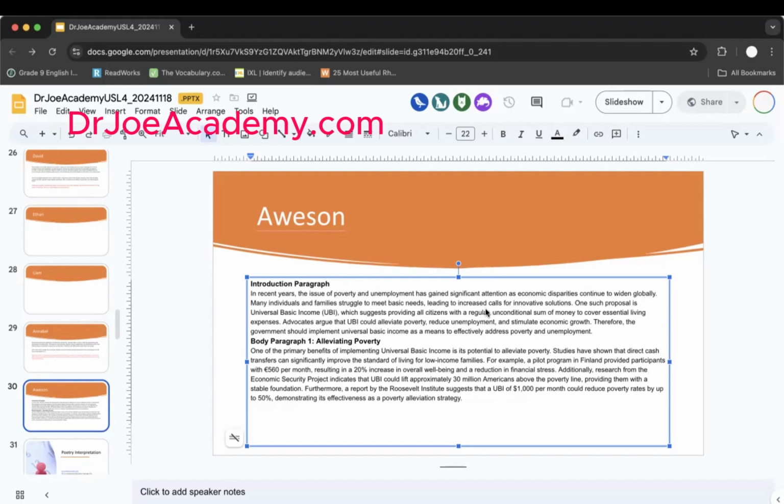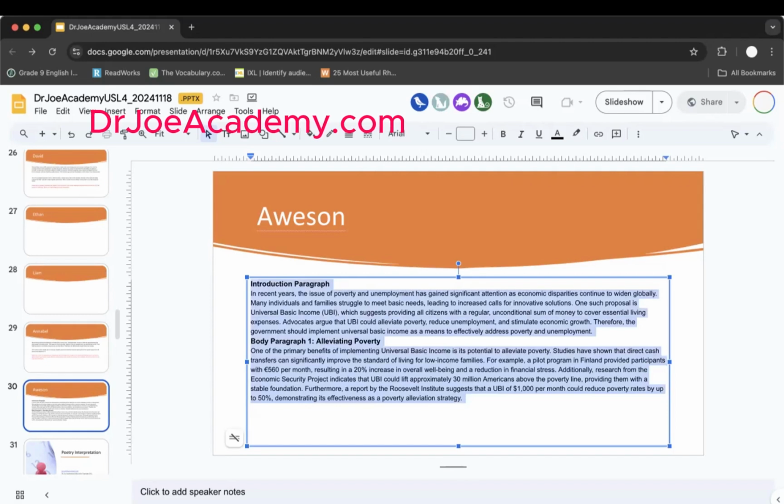Body paragraph 1, alleviating poverty. One of the primary benefits of implementing universal basic income is its potential to alleviate poverty. Studies have shown that direct cash transfers can significantly improve the standard of living for low-income families. For example, a pilot program in Finland provided participants with €560 per month, resulting in a 20% increase in overall well-being and a reduction in financial stress.